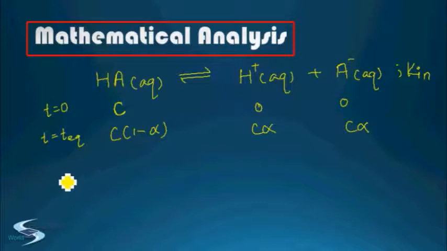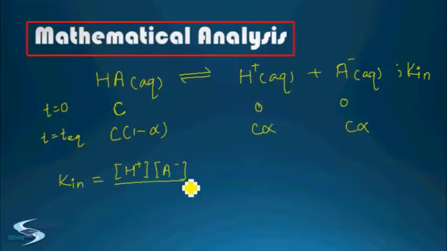Now we have also studied how to write the ionization constant Ki. It is simply going to be the product of concentrations of H positive and A negative divided by concentration of HA, raised to their respective stoichiometric coefficients. So K ionization from here is going to be C alpha multiplied with another C alpha divided by C into 1 minus alpha.